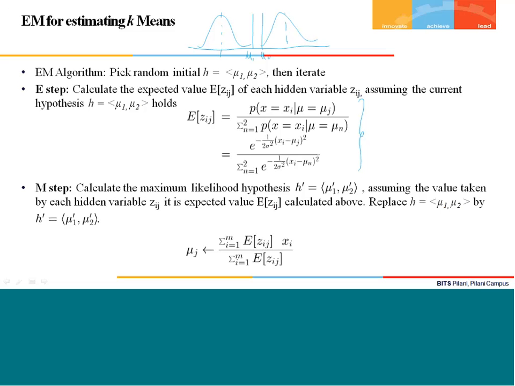Here I told you that Z1 is 1 when x belongs to the first normal distribution, and Z2 is 1 when x belongs to the second normal distribution. So now we have to calculate the expected value.